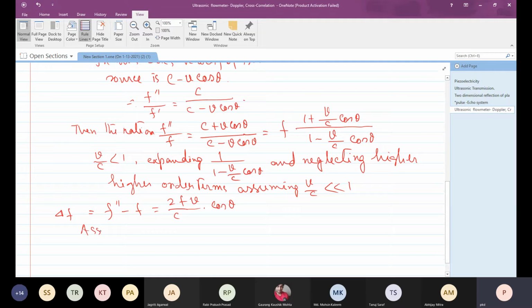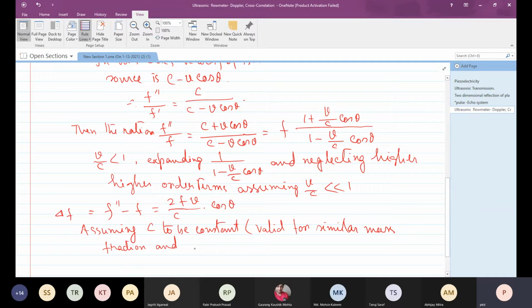So assuming C to be constant, valid for similar mass fraction and density, theta and F are instrument parameters.